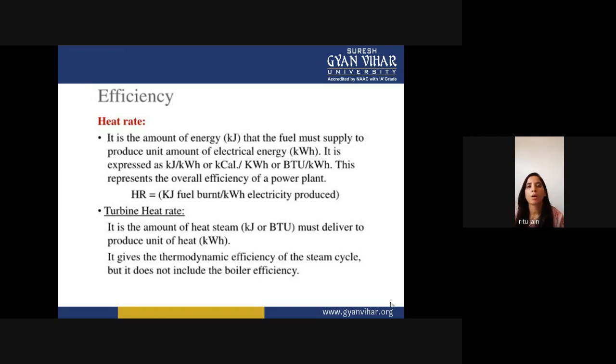It is the amount of heat the steam must deliver, in BTU, to produce one kilowatt hour. It gives the thermodynamic efficiency of the steam cycle, but it does not include the boiler efficiency. So this is about the efficiency which must be calculated for a power plant.